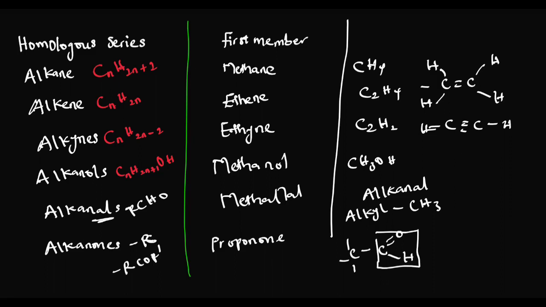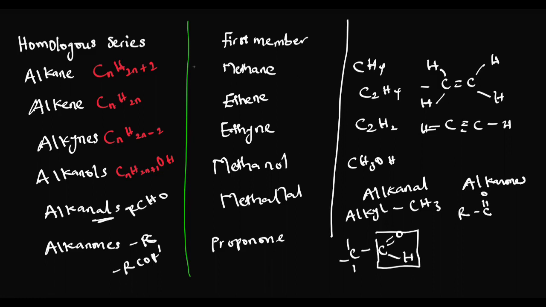How is this one formed? The criteria for alkanone is that it must be between two alkyl groups.